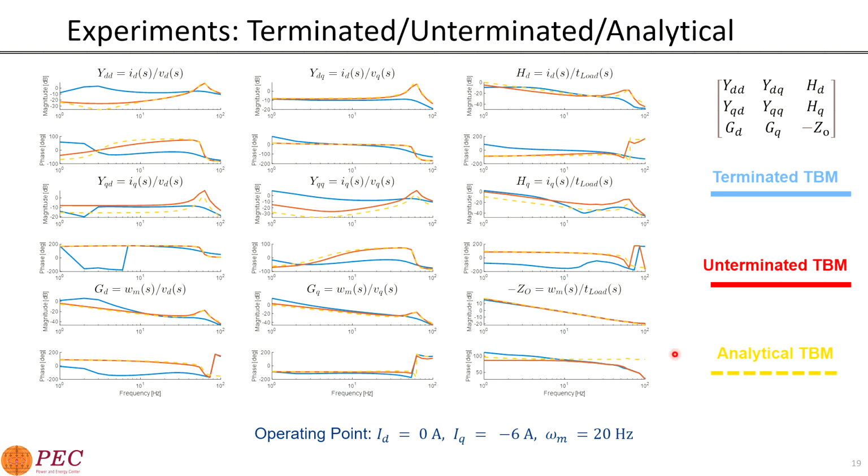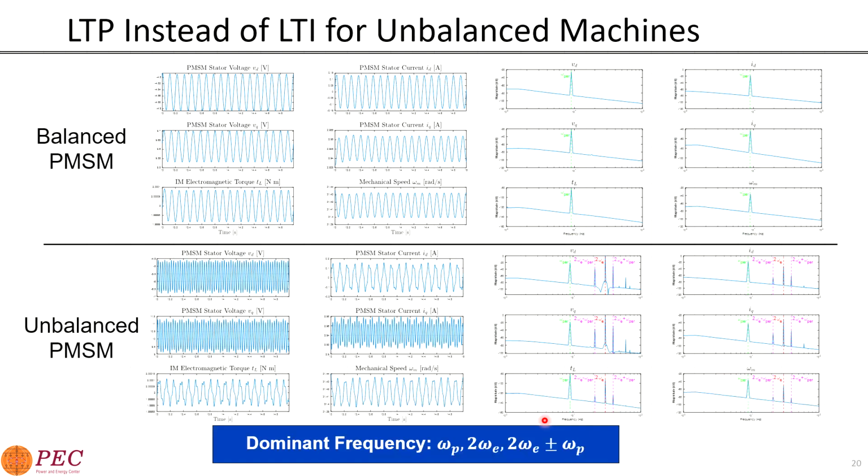Because right now the speed estimation contains much more noise, so I practically reduced the bandwidth to just around 50 Hz. But the magnitude over frequency is always more accurate at this operating point. So in this way, we show the effectiveness of our method to extract the unterminated terminal behavior model.